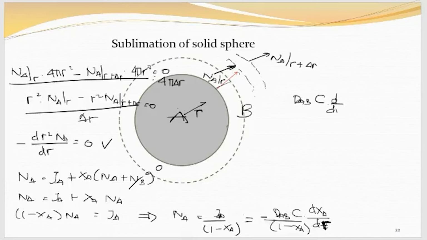D over dr, dxa over 1 minus xa, dr. Is it correct?